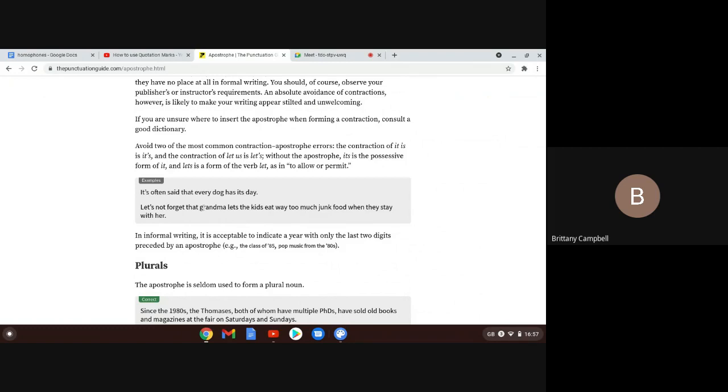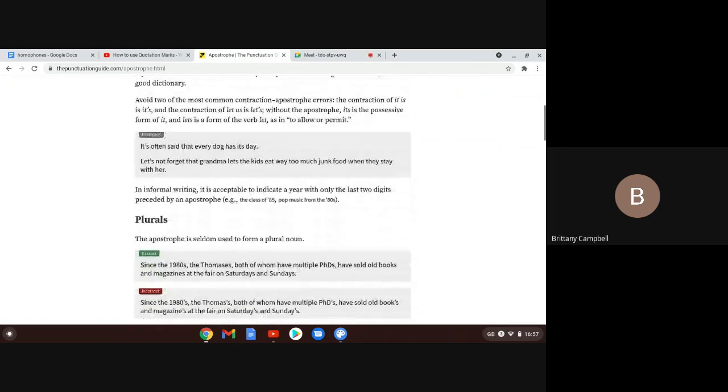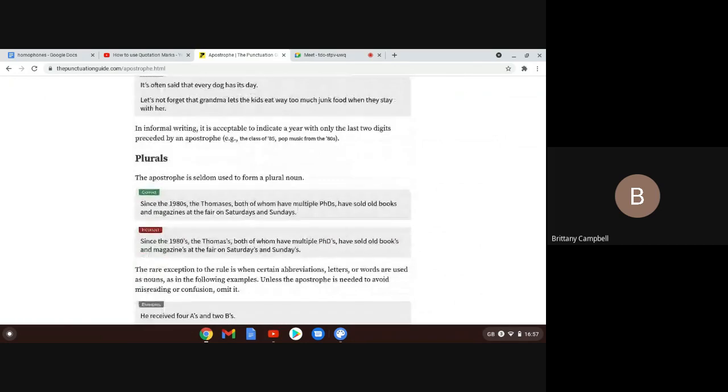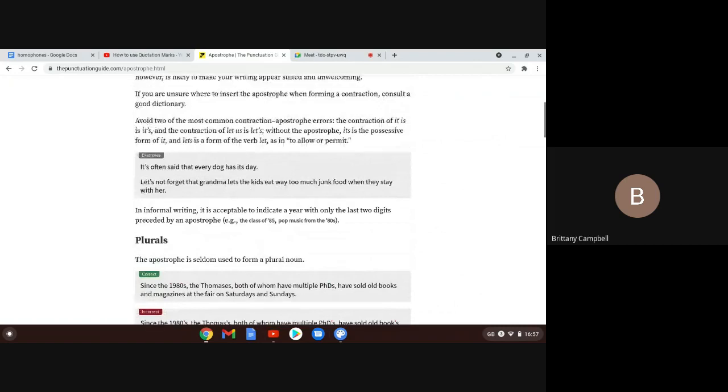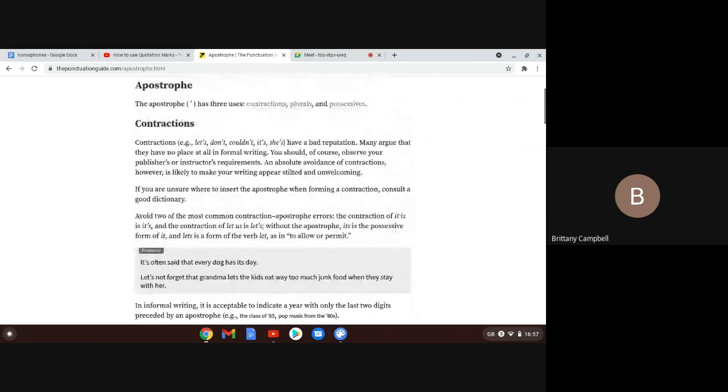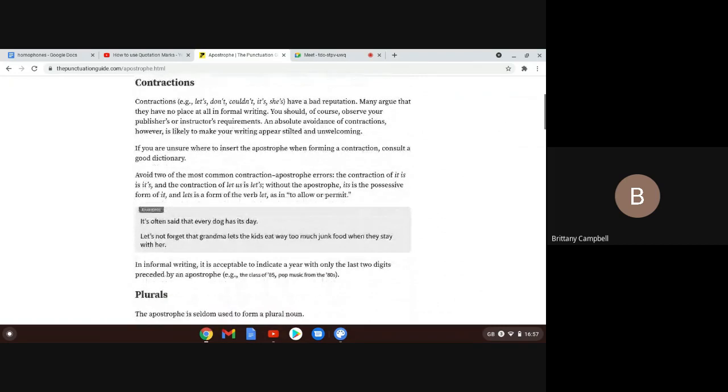So I mean, when we're writing informally, most times we don't write out the words. But I want for you to bear in mind to ensure that you do not use the apostrophe when you're writing formally.